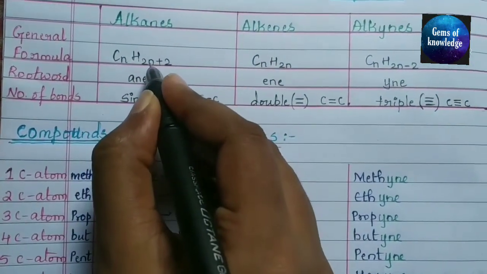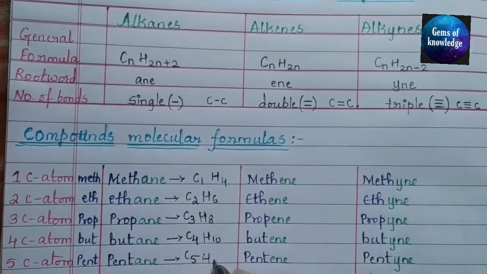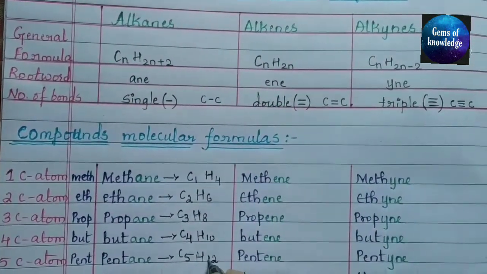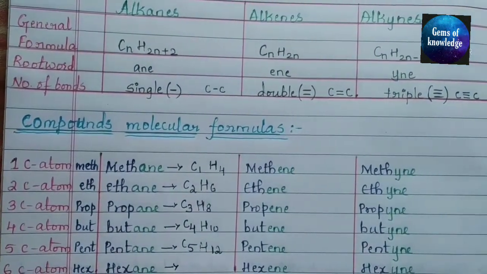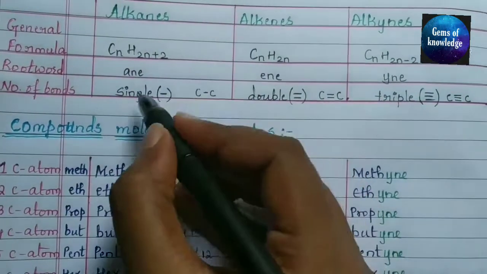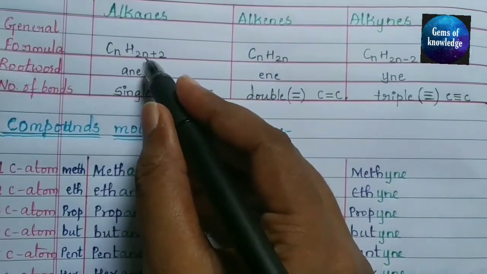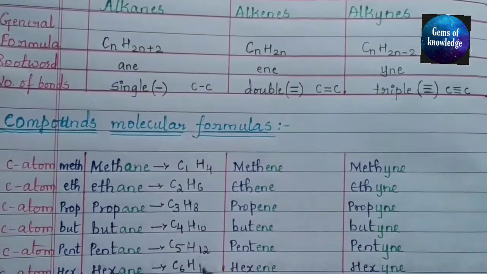Here you have to substitute 5: 2 5s are 10 plus 2, it will become 12. Next, hexane has 6 carbon atoms, so C6H. In place of n, we substitute 6: 6 2s are 12 plus 2, it will become 14.